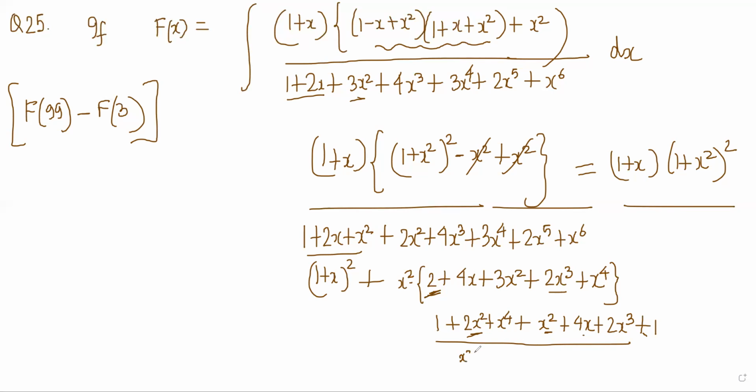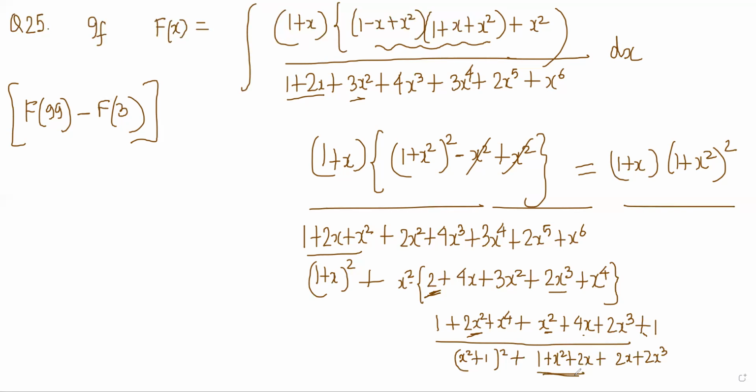So this is x square plus 1 whole square plus this part, which is 1 plus x square plus 2x, 1 plus x square plus 2x plus 2x plus 2x cube.